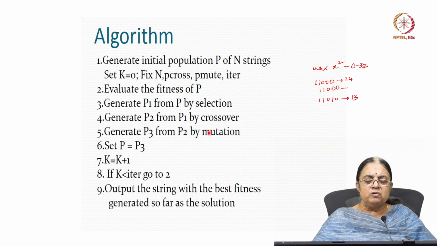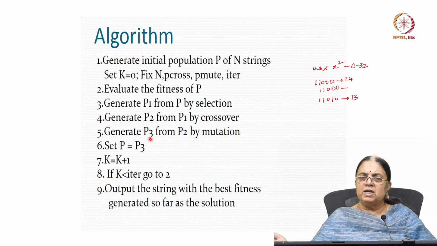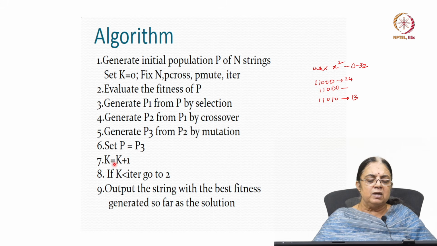Once you do all these things, you get generation P3, which gives you your next generation. So set P equal to P3 and K equal to K plus 1, and you go back to step 2 and evaluate the fitness again, and you keep doing this till you have reached the number of iterations that you are working on.